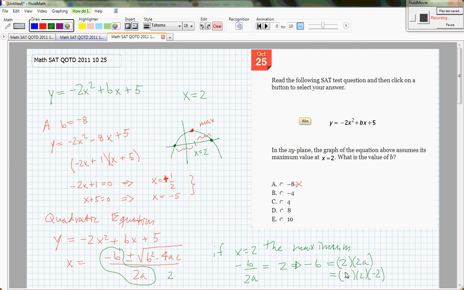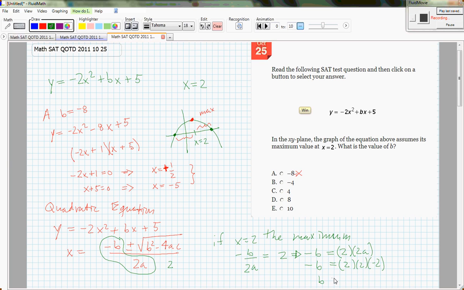There's a minus sign out in front, so there's another minus. That means that b equals minus 2 times 2 times minus 2. 2 times 2 is 4, times 2 is 8, and the plus sign means that the answer is D, 8.